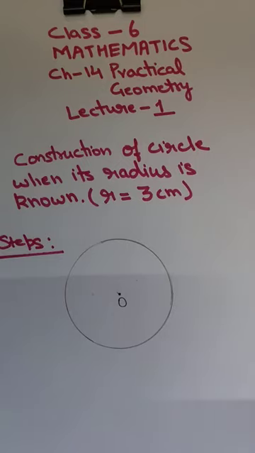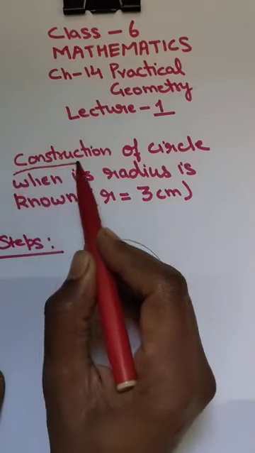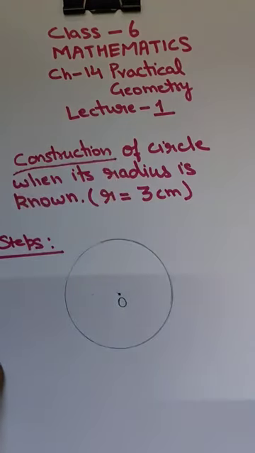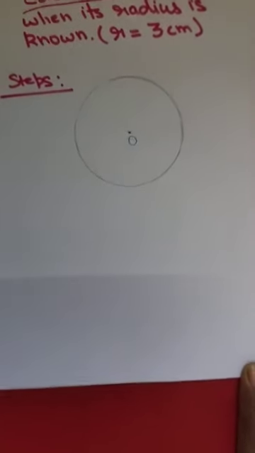Now as the word construction is there, beta, whenever this word construction is there, you need to write down the steps of construction also. And how do we write down the steps of construction? As we have made, in the same way we will write. Now see, first of all what we have done?